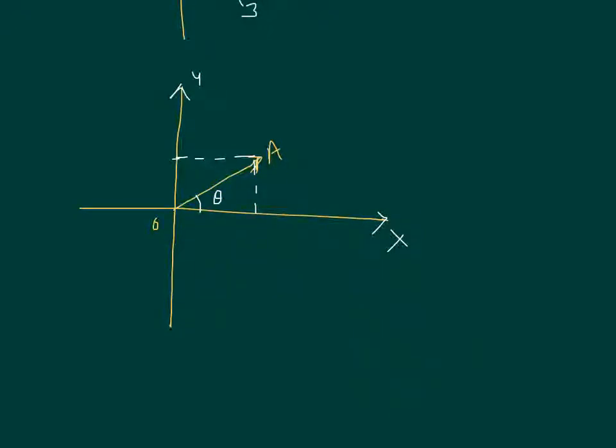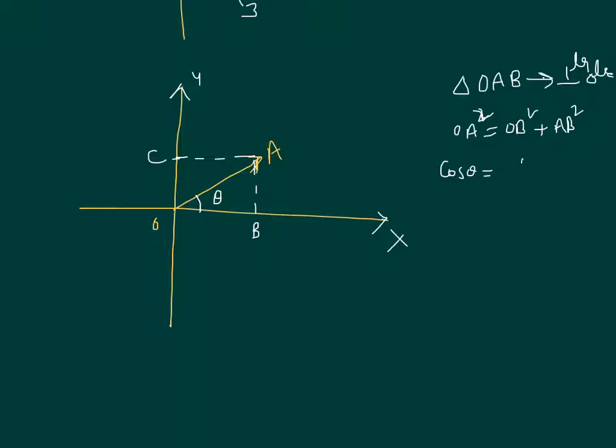Say this is B and this is C. Observe triangle OAB, a right-angled triangle. In a right-angled triangle, hypotenuse square equals, by Pythagoras law, OA square equal to OB square plus AB square, and cos theta equal to OB by OA.